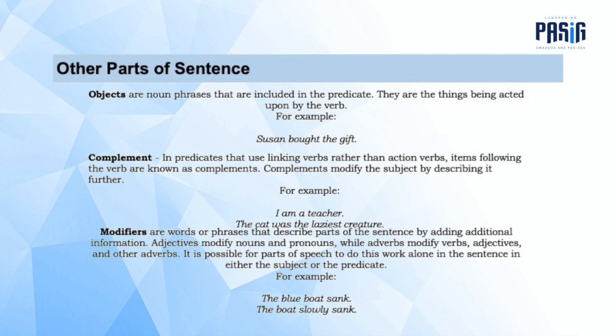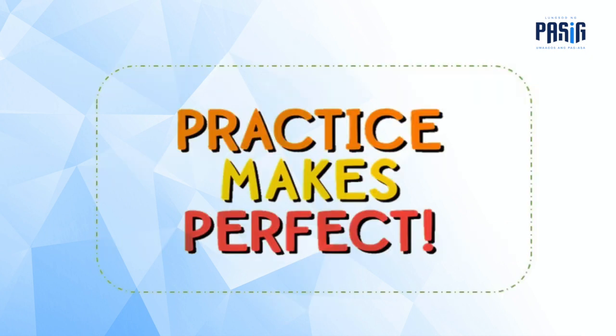It is possible for parts of speech to do this work alone in the sentence, in either the subject or the predicate. For example, the blue boat sank. The boat slowly sank.